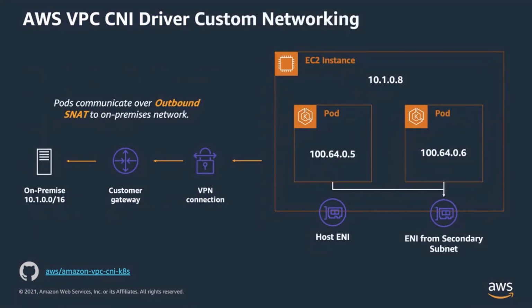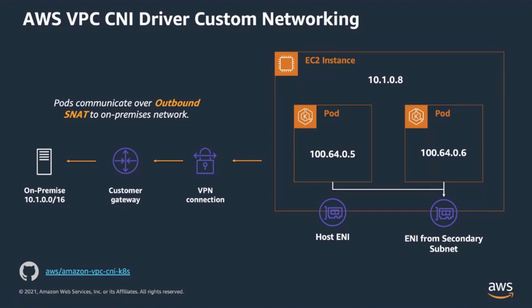Many of our customers enable an advanced feature of the VPC CNI called custom networking. So why might you want to use this? Migrating from another Kubernetes environment, you may be familiar with overlay networking. One of the benefits of CNI plugins that use overlay networks is the ability to use a pod network that's completely separate from your host network.